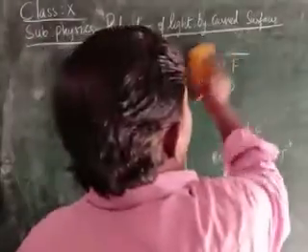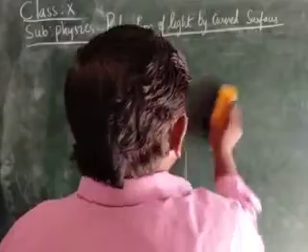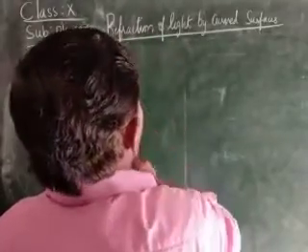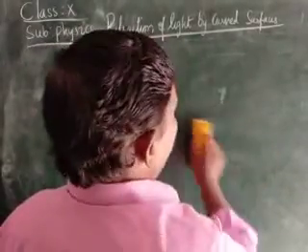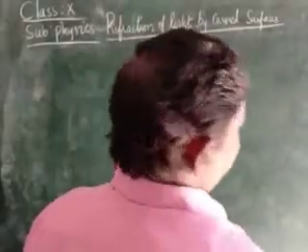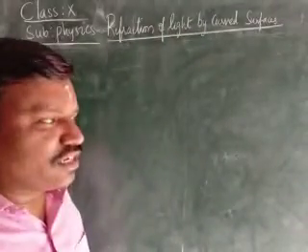Sixth case, as you learn, in this case, the image formed is a virtual image, children. Till now, in all the 5 cases, the image is formed real and inverted, children.